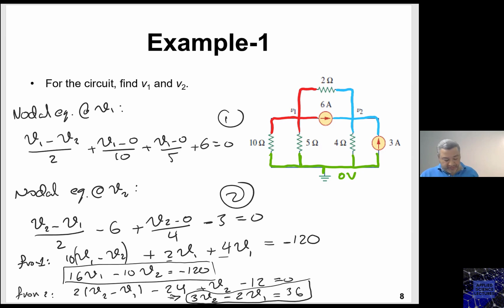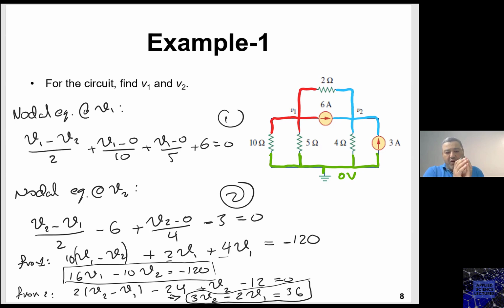Well, to make it easier, I think we need to stick to this convention of nodal analysis. When it comes to KCL and KVL, you can choose the direction that you want, but for nodal analysis by inspection, let's just stick with this convention.